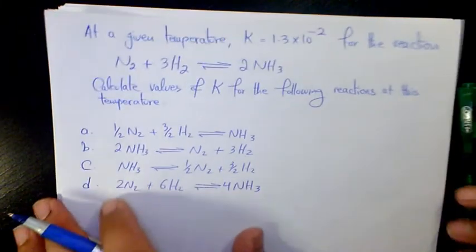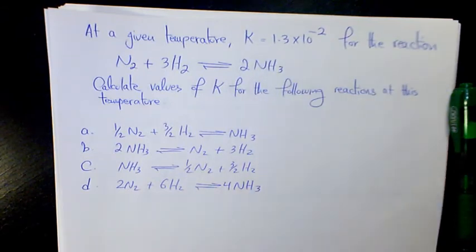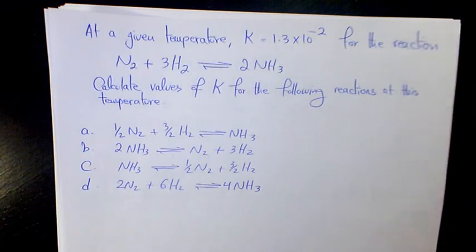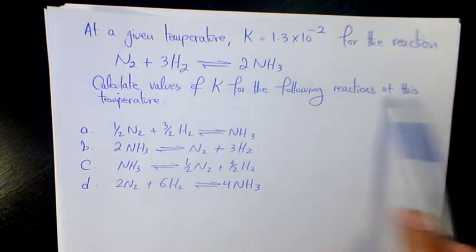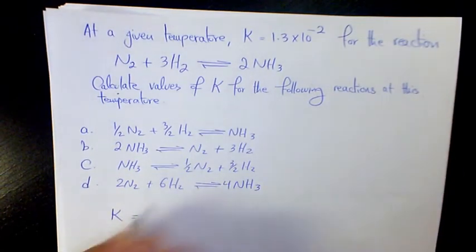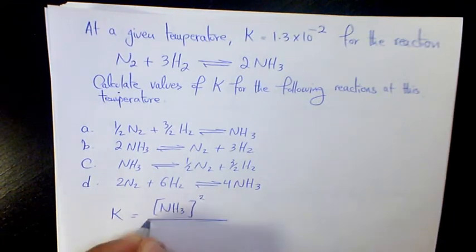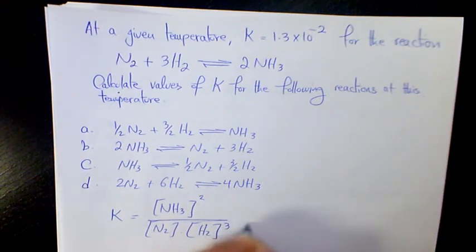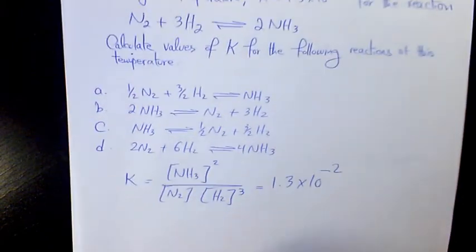At a given temperature, K is 1.3 times 10 to the power of negative 2 for the reaction of N2 plus 3H2 gives 2NH3. Calculate values of K for the following reactions at this temperature. So here it says K equals NH3 to the power of 2 divided by N2 times H2 to the power of 3. That's going to be 1.3 times 10 to the power of negative 2. Now in part A, I'm going to call it Ka.